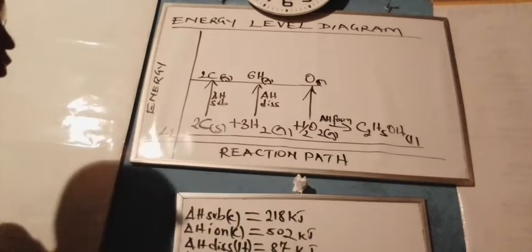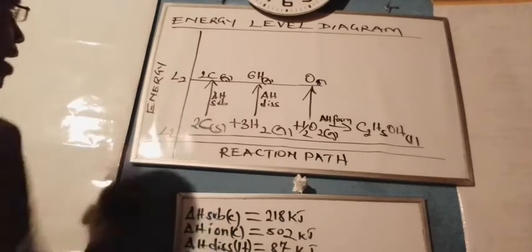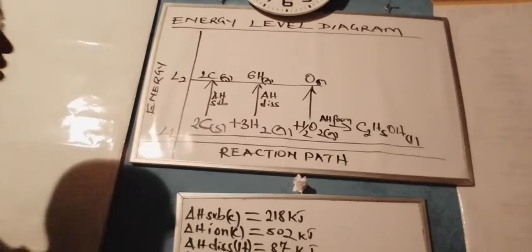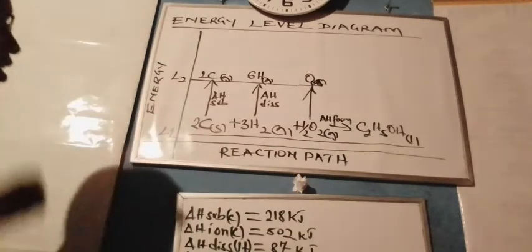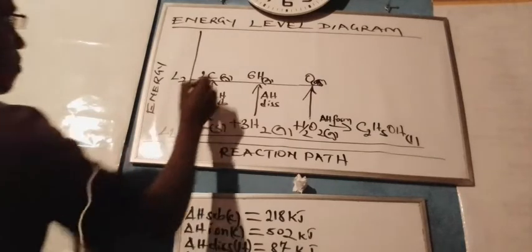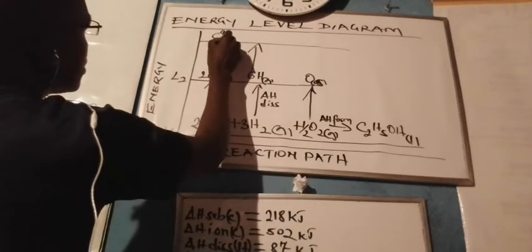the gaseous state. Now, once we have moved from level 1 to level 2, where all reactants have been transformed into their gaseous states, we proceed to level 3, where the gaseous atoms are transformed into their ion forms. In this case, carbon will change into carbon ions in the gaseous state.